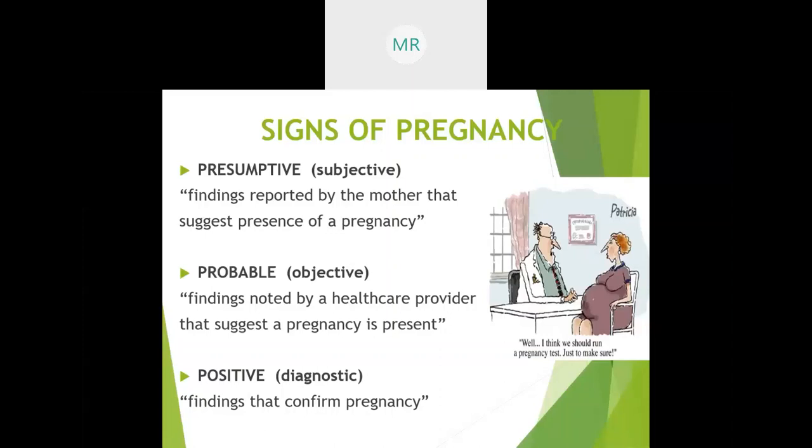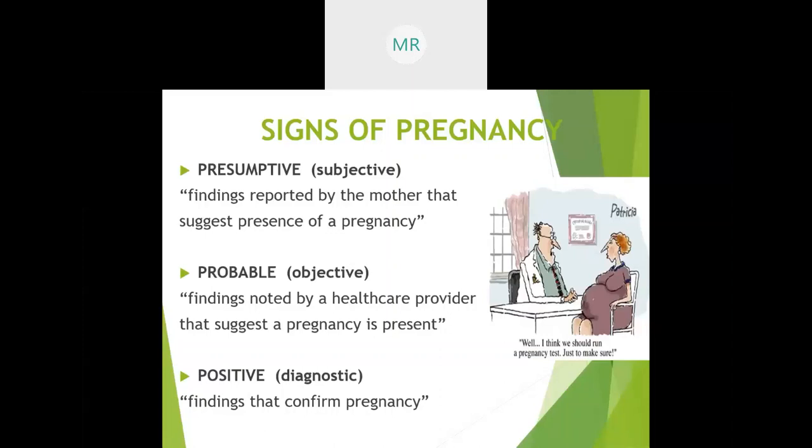Then we have probable signs of pregnancy. This is objective. These are findings that are noted by the healthcare provider that are going to suggest to the healthcare provider that a pregnancy is present. And this is what we just talked about a little bit ago. These are pelvic organ changes.